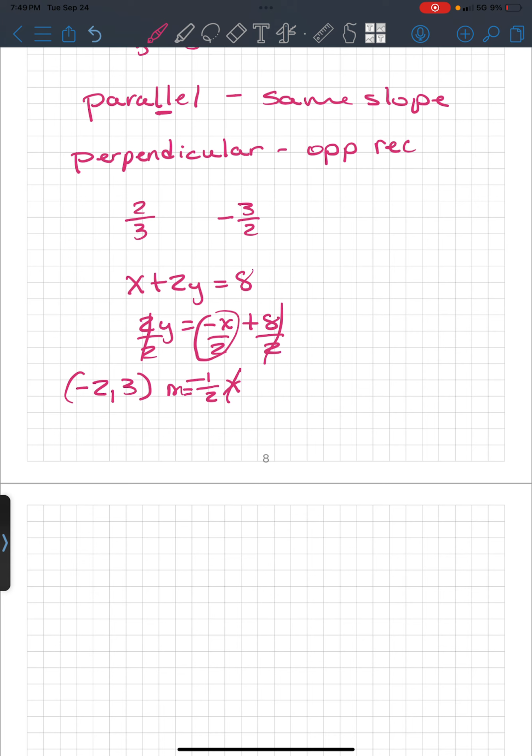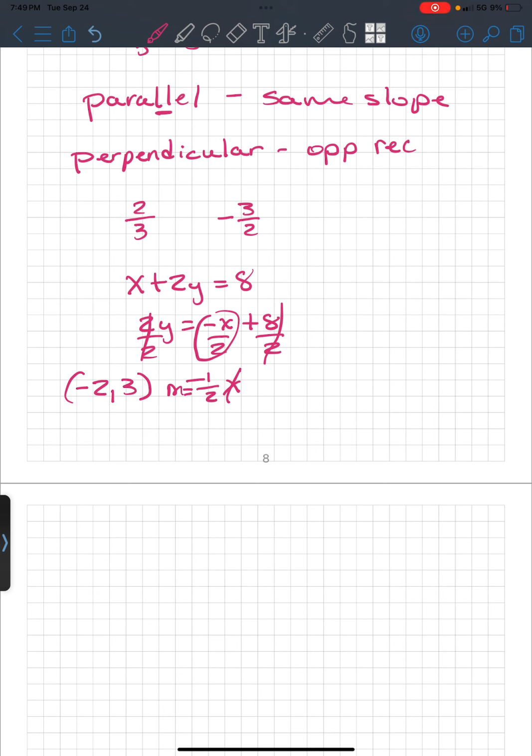In example 5, they say write the slope intercept form, which is y equals mx plus b, of the line passing through 3, 1 and perpendicular to the graphed line. So you have to find the graph first. What they did is found 2 points and then used the slope formula.